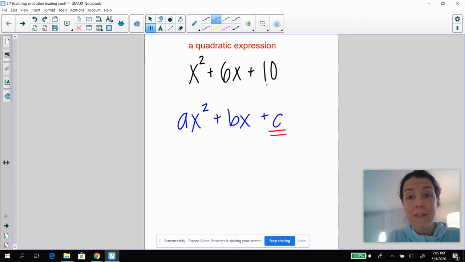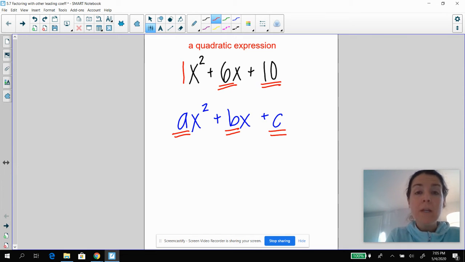So c in this case would be 10, b would be 6, and a would be 1. So we've been working with and factoring quadratic expressions that have a leading coefficient of 1 for the most part. And those have been pretty straightforward, and I think we should feel pretty comfortable with those. If you don't, go watch those other videos and then come back.